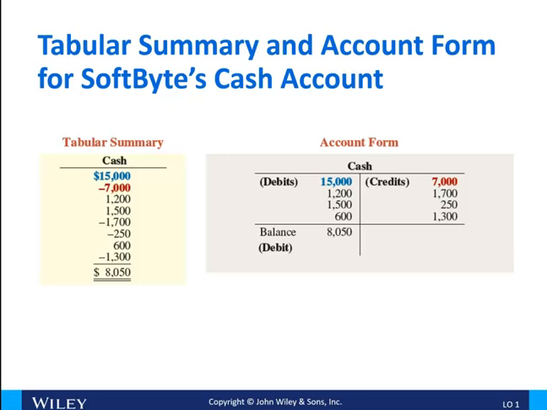All the negatives are a decrease of cash, a decrease of the asset. We put that on the right side, the credit side. And if we add up the debits, add up the credits, the debits are higher than the credits, so our balance in this account is a debit balance, and we show it at the bottom with the debit and the total balance. We'll get more into how that works as we go through some other examples.